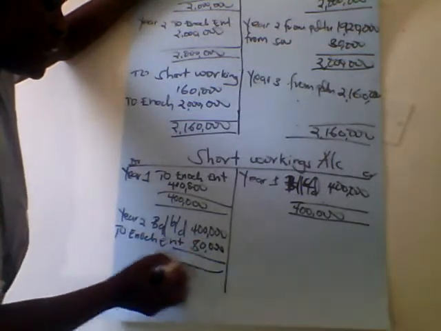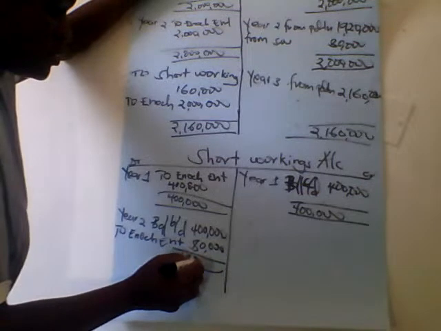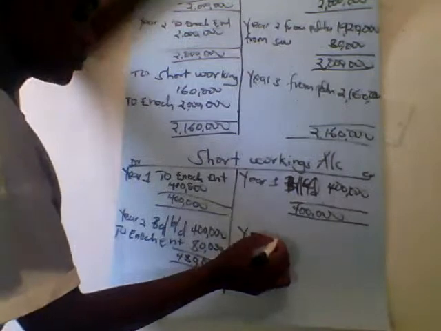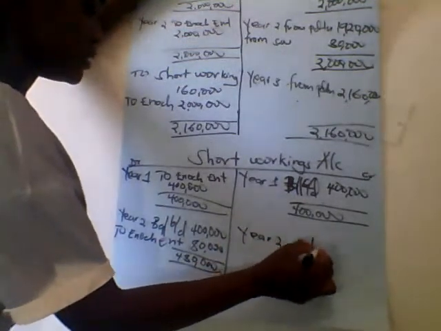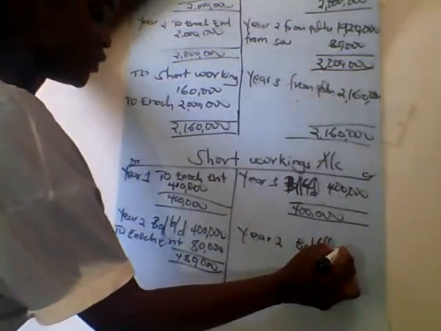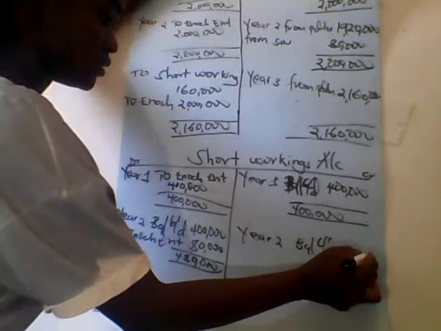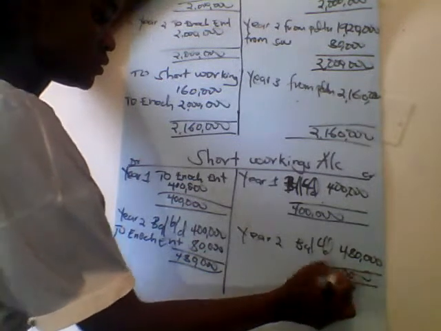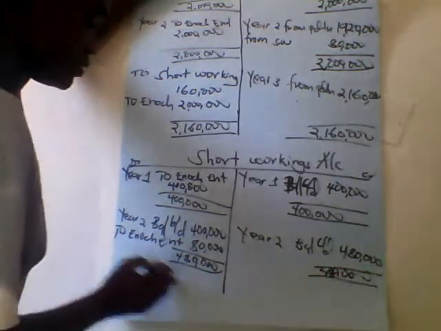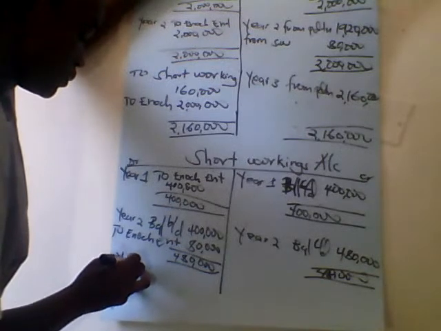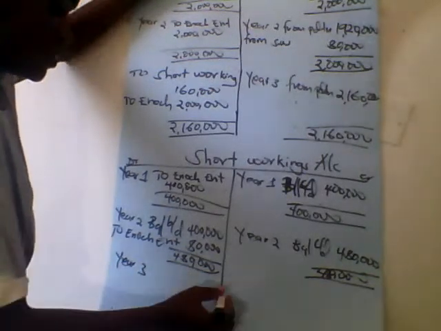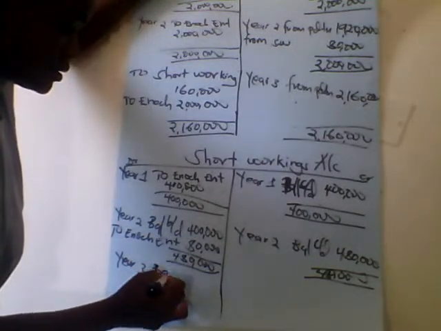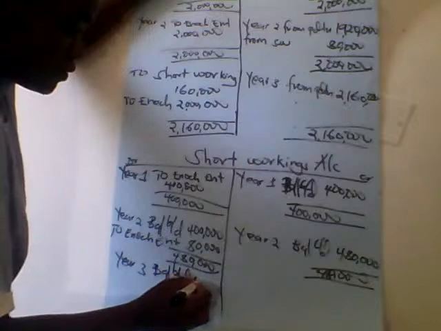So we had a total of 480. Then year 2, balance carried down, it is 480. Then year 3, you bring this balance here, it becomes the balance brought down, 480.